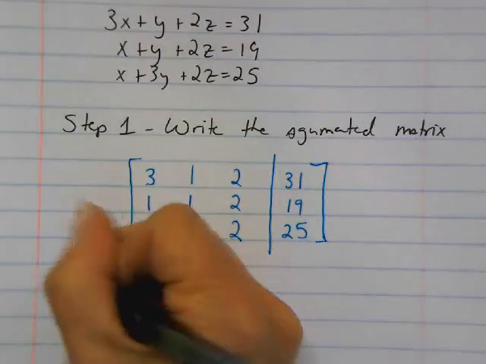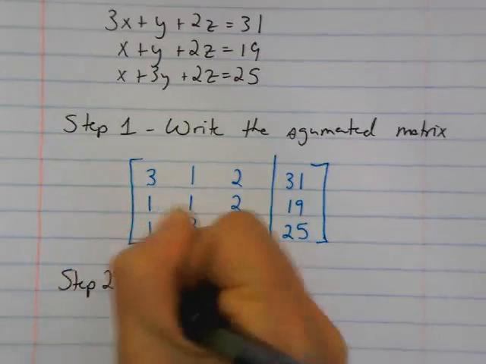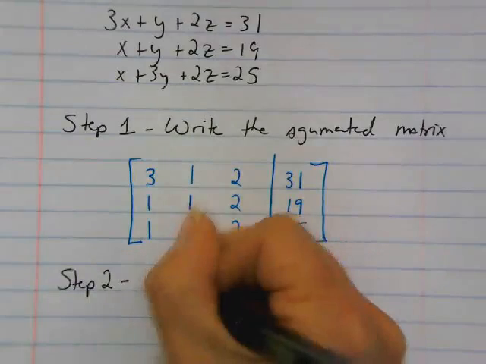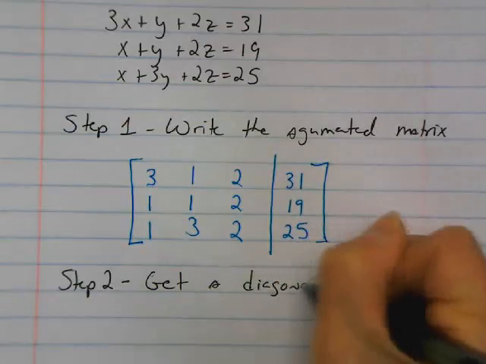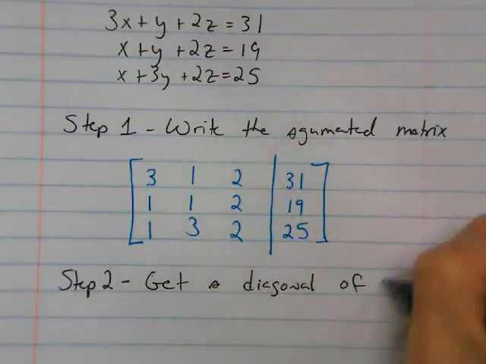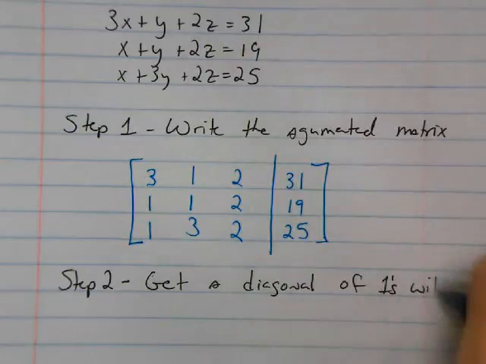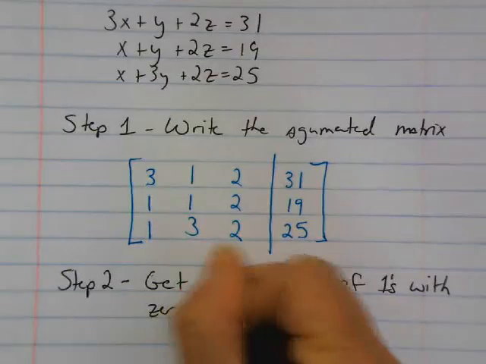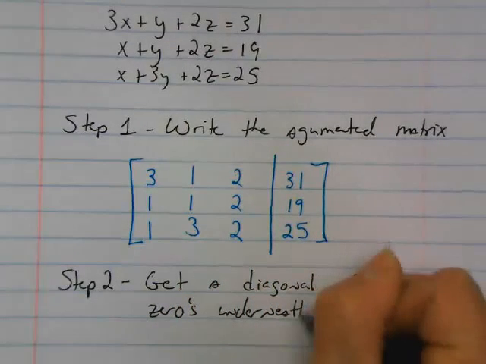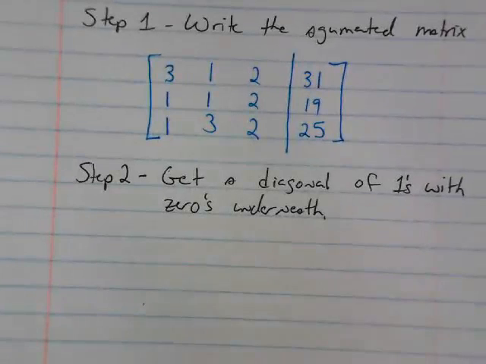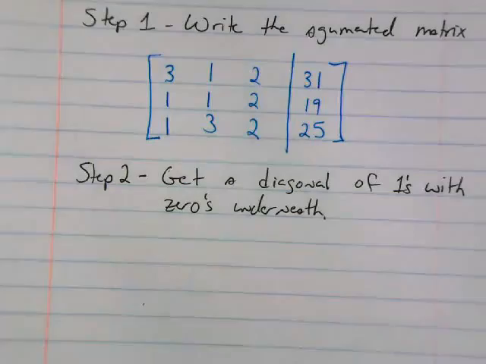Alright, here's where the fun begins. Step 2, get a diagonal of 1 with zeros underneath. You're allowed now to do a lot of things, okay?